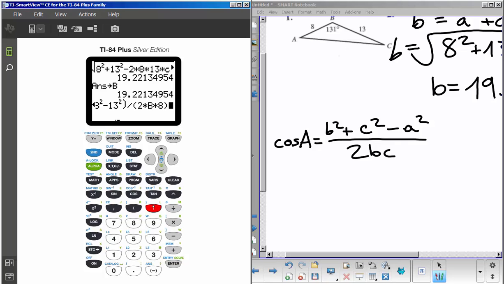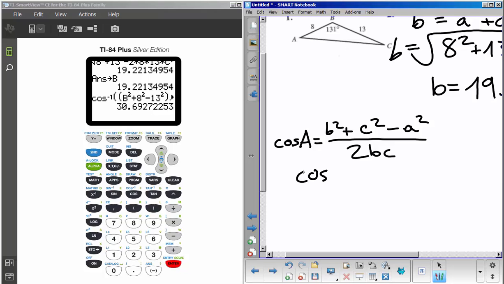Close the parentheses. Enter. So, angle A is equal to 30.69 degrees.